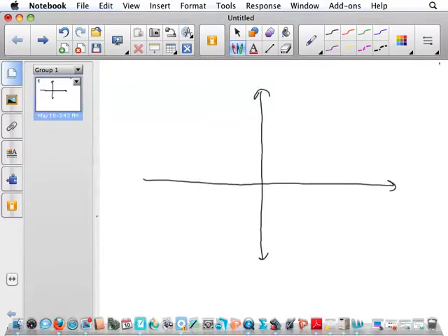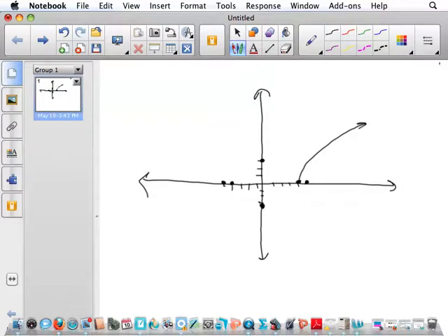So if you have a hyperbola, let's say you have a vertex here at (4, 0), one here at (-4, 0). Let's say you have an endpoint at (0, 3) and an endpoint at (0, -3). Then you're going to have a focus here at (-5, 0) and one here at (5, 0).